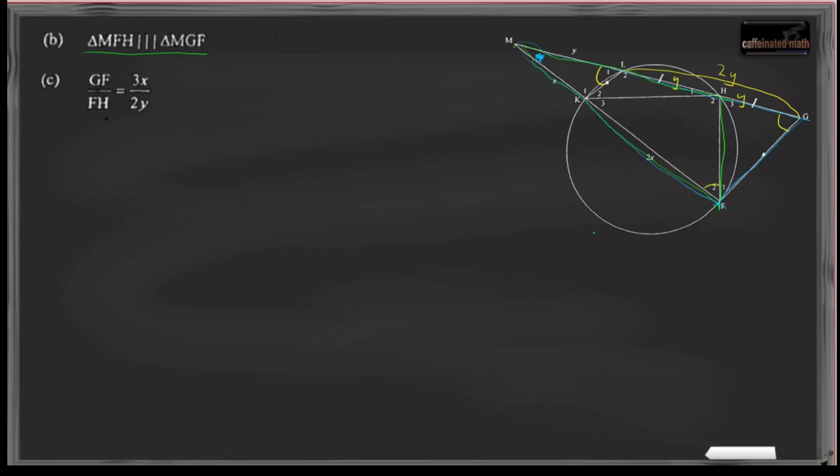Now we need another angle. What I marked over there but forgot to discuss initially were these equalities over here. So we need to prove that angle F2 is equal to angle G. Let's have a look at how we do that. First off, we're going to say that angle L1 is equal to angle G. Why is that?